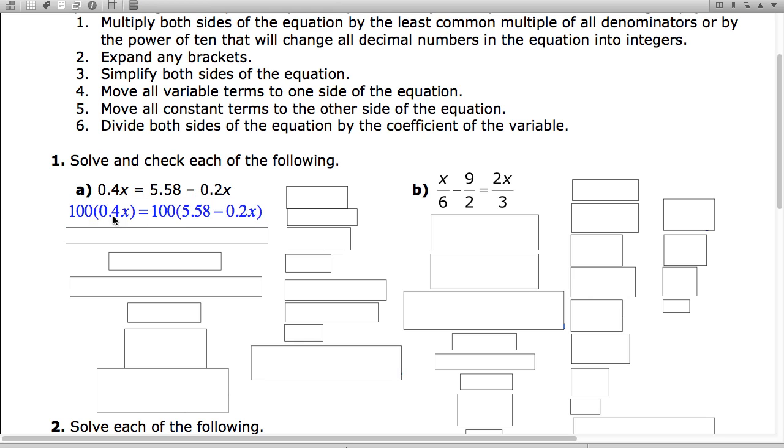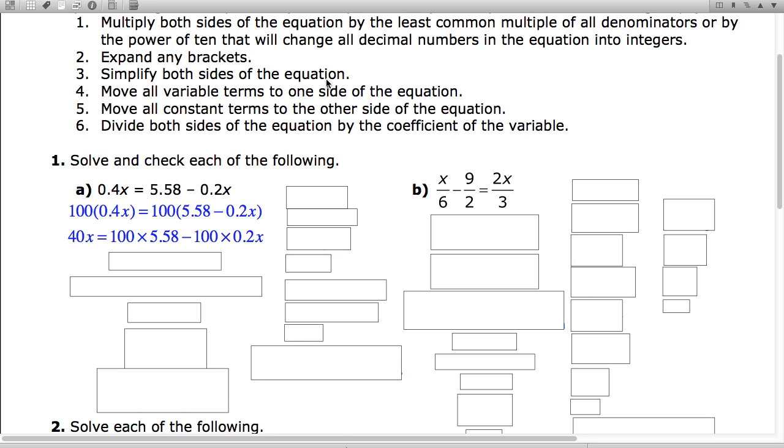So first off, 100 times the left-hand side and 100 times the right-hand side. 100 times 0.4 is 40, so we've got 40x. You need to use the distributive property here, 100 times 5.58 and 100 times negative 0.2. By the way, that's what we mean by expand the brackets. We're using the distributive property and multiplying through the brackets.